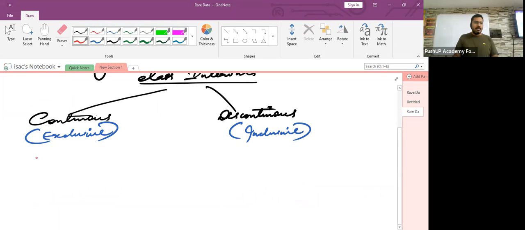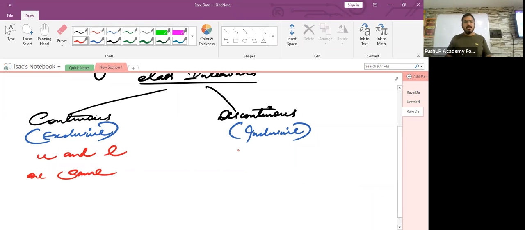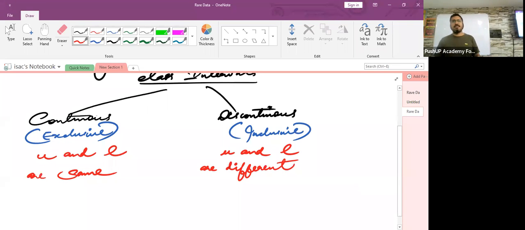Because you know that in the class intervals, the upper limit and the lower limit of two consecutive class intervals are same, isn't it? In discontinuous class intervals, you learned that the upper limit and the lower limit of two consecutive class intervals are different, isn't it? They both are different.